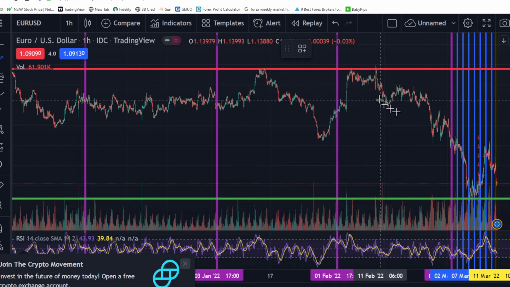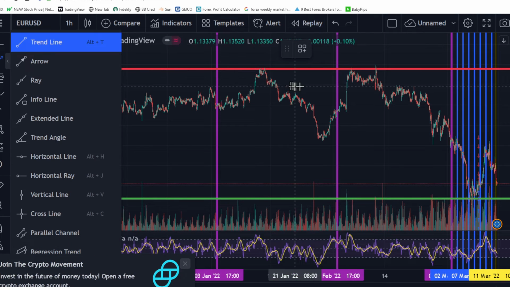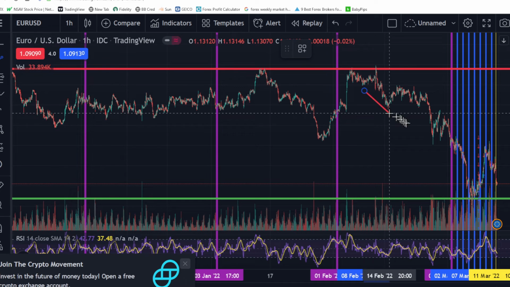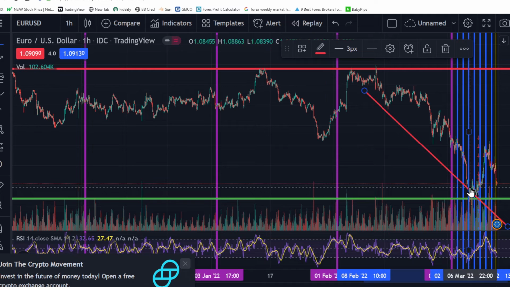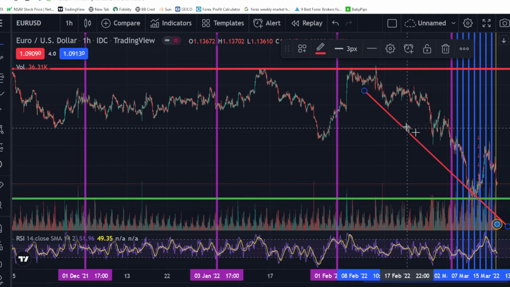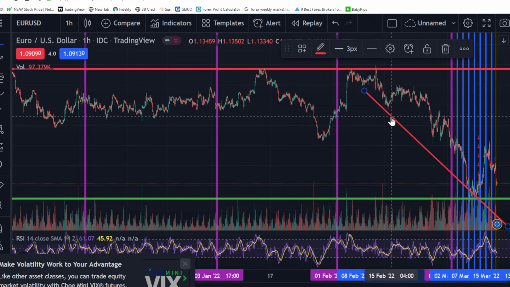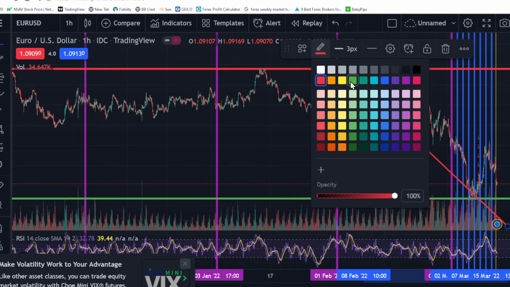In this case, I would say I'm going to draw a support trend line, something like so. And I'm taking into account this low part here, this low part here, and this low part here. And I, of course, would color that green because it is a support line.